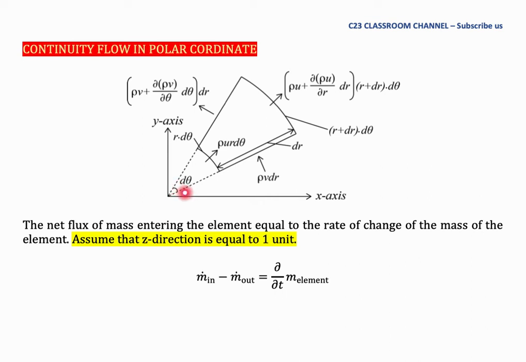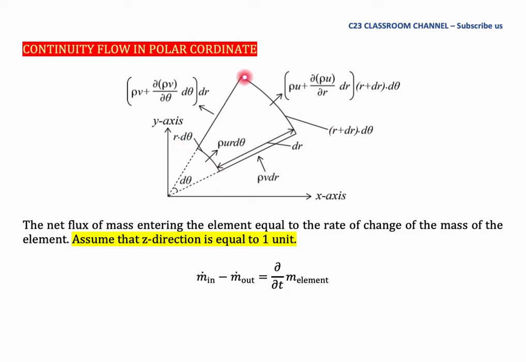The angle here is denoted as dθ, and the length here is dr, because this is the r axis. We can calculate the length of this arc by the equation r dθ.